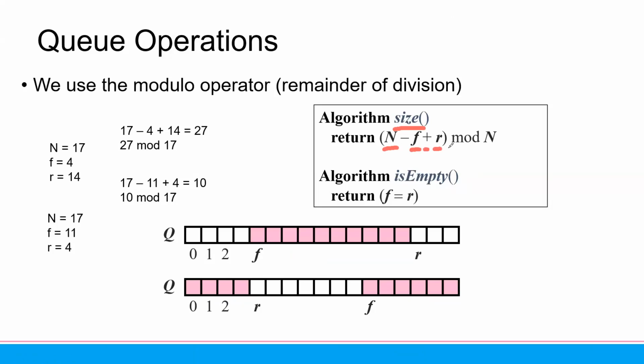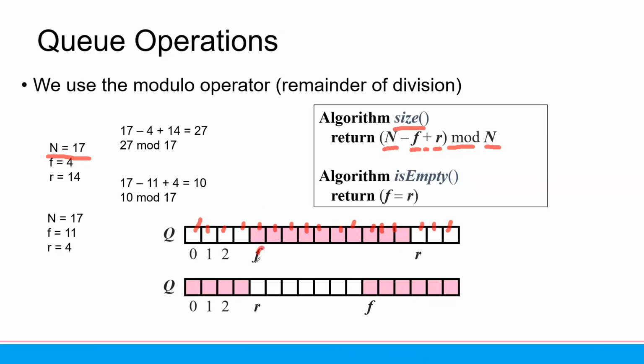And then we do the modulus with n. For example, now I have n equals 17. We count 1, 2, 3, up to 17. So the array can have 16 elements.